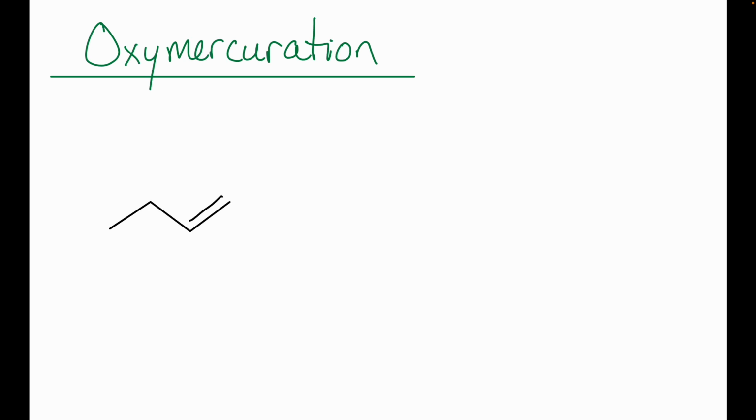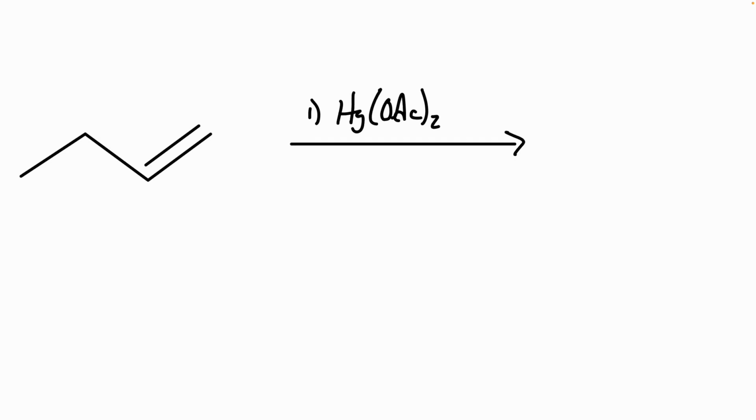All right, if we take our same 1-butene, now we're going to react it with this substrate of mercury acetate, Hg(OAc)2, and water.